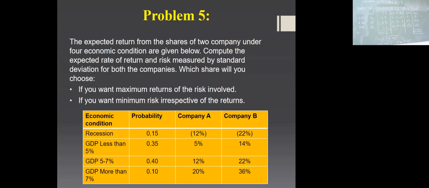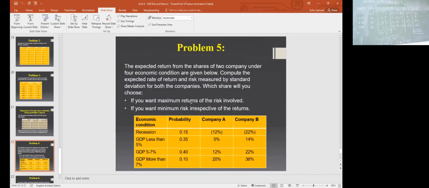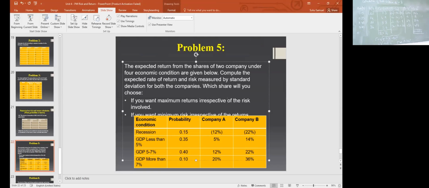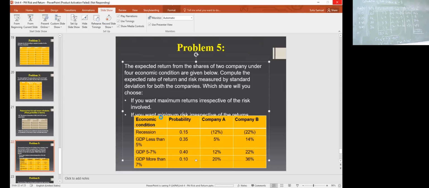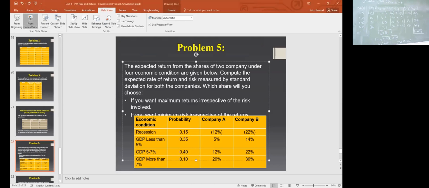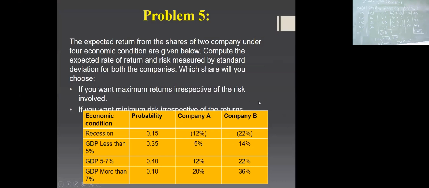So what is the first question? There's a typing error. The first question is if you want maximum returns irrespective of the risk involved.